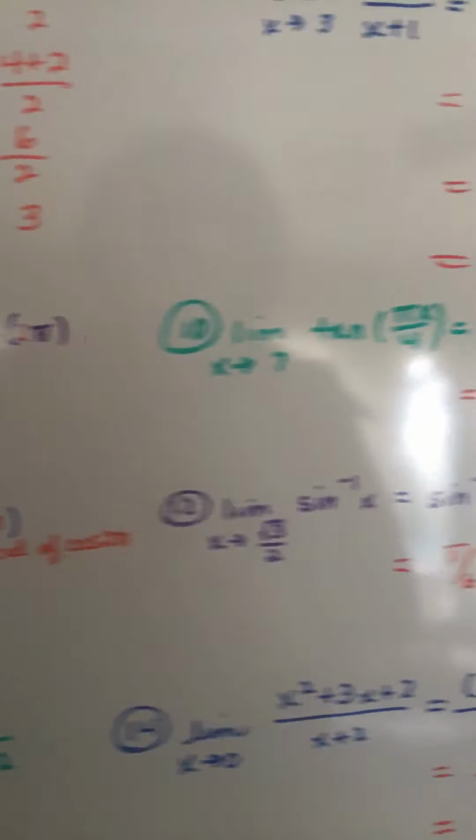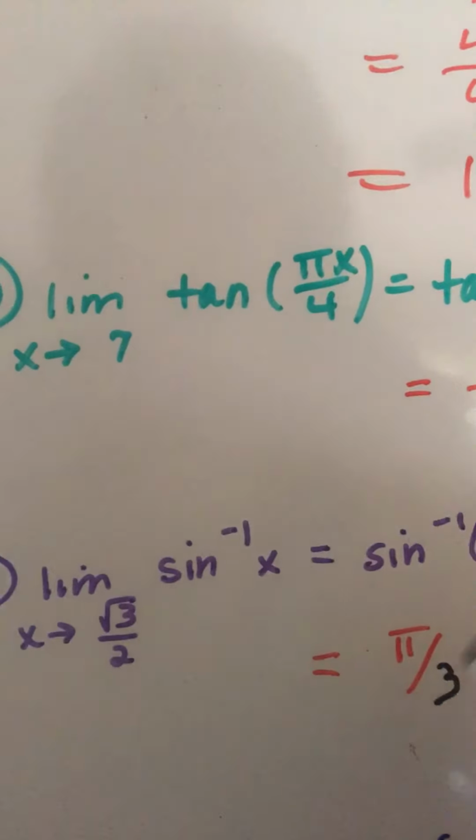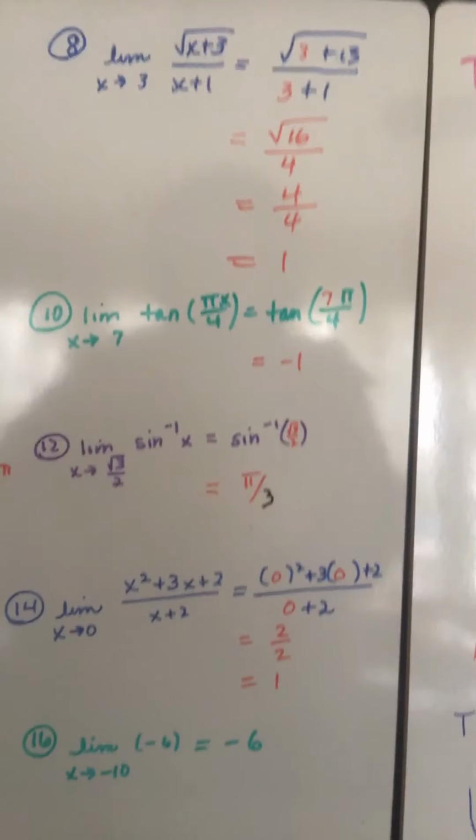Sine inverse. When I go to do sine inverse, I directly substitute, and sine inverse of root 3 over 2. Remember, the domain is quadrant 1 and negative quadrant 1. And so when do you get root 3 over 2? That was not supposed to say pi over 6. It's supposed to say pi over 3.